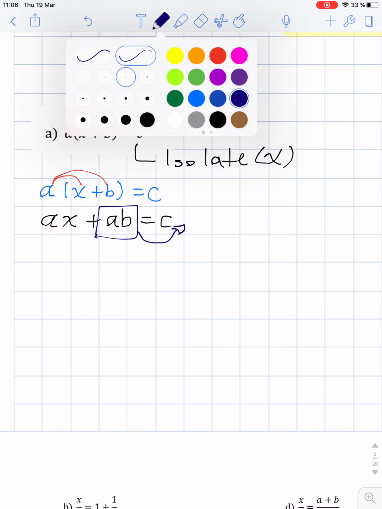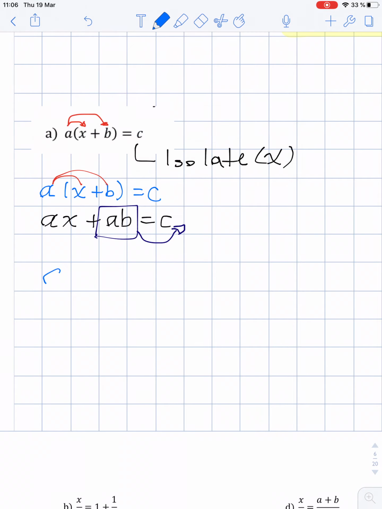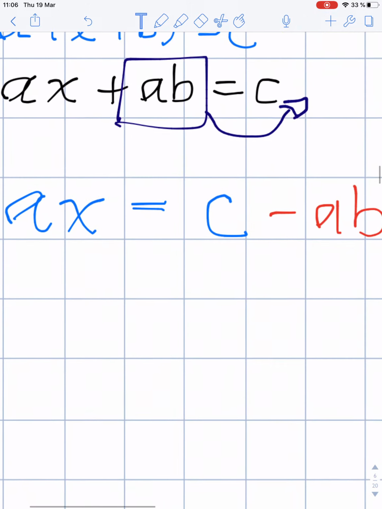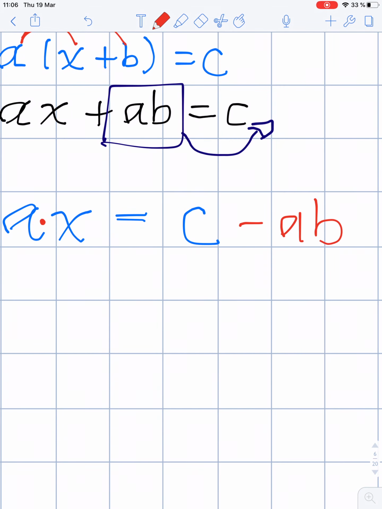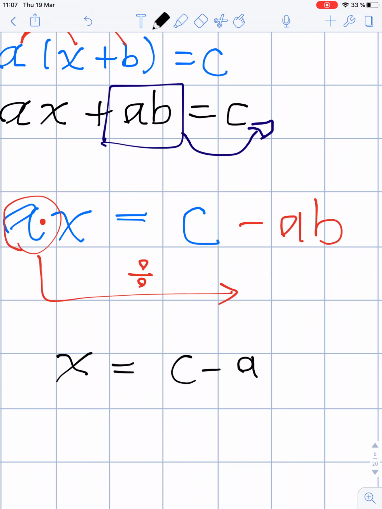That means ax equals c, and in red color, what is changing, minus ab. And finally, the value that is multiplying, that is the a, is going to pass to divide. The final answer is x equals c minus ab over a. And that is the answer of x.